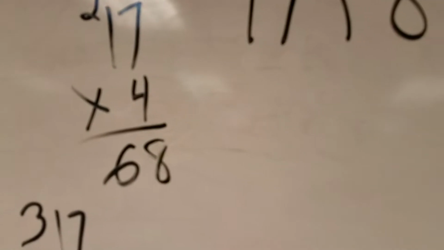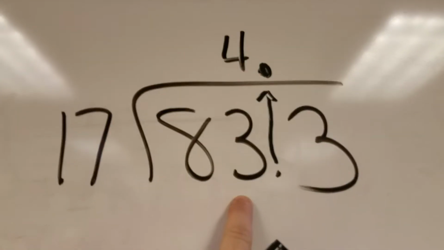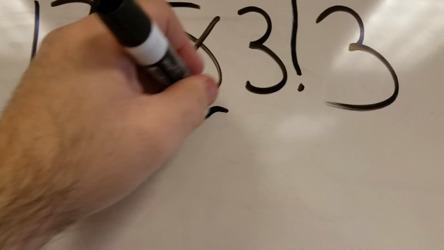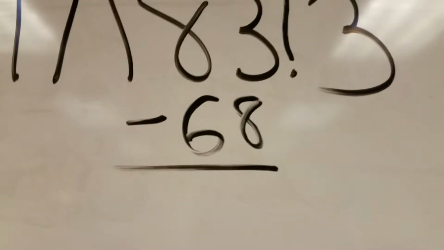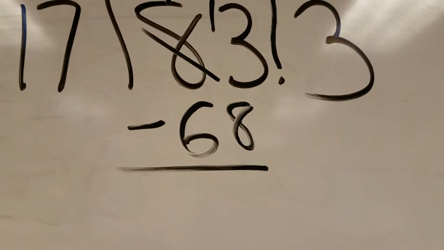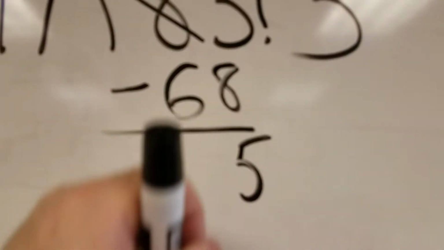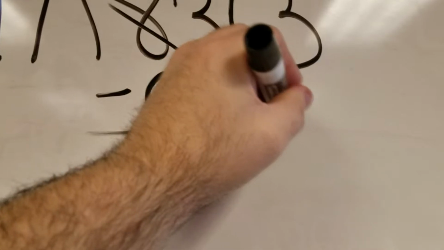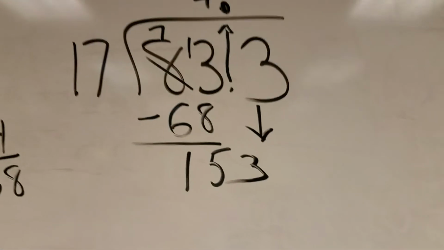So 4 will work. So I put my 4 right here above the 3 because we did 83 divided by 17. We said we could do that 4 times, so we're going to take 68 away from it. Regroup. 9, 10, 11, 12, 13 is 5. 13 minus 8 is 5. 7 minus 6 is 1, and just like normal, we're going to bring down the next number.